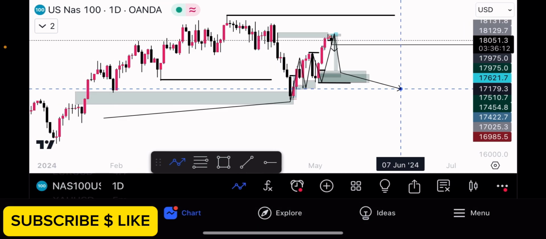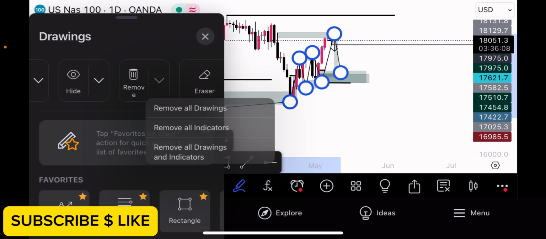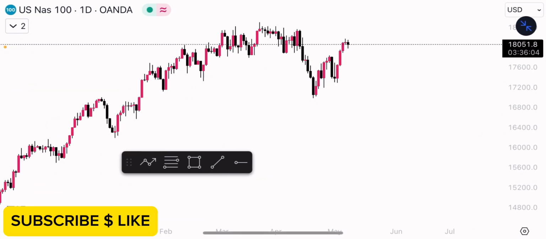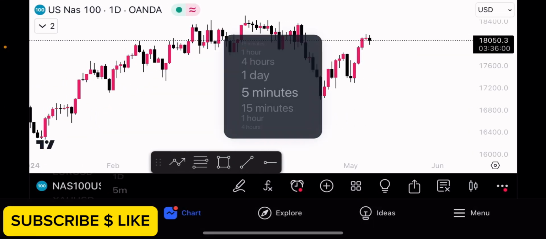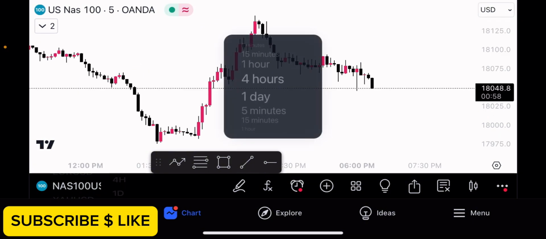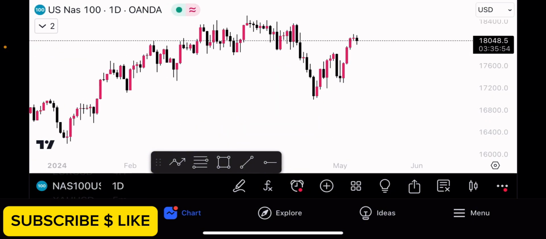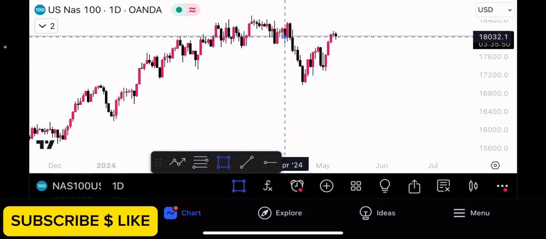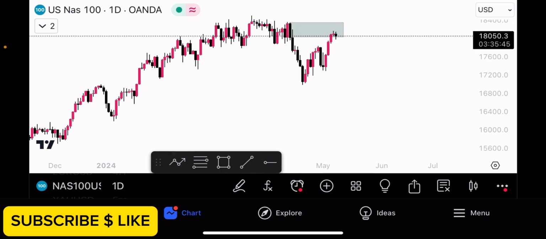So let me just delete all of this drawing, okay, so we all can be able to see everything. So this is what happened right here. What happened right here is that on the weekly time frame, on the daily time frame, we had this zone right here, okay, this is the zone.